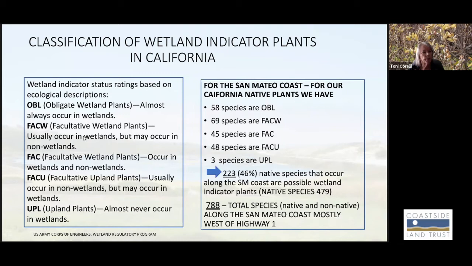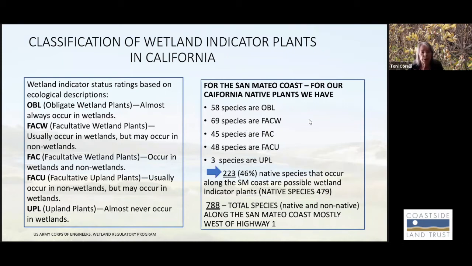Facultative wetland plants usually occur in wetlands, but may occur in non-wetlands. Facultative plants occur in wetlands and non-wetlands. And facultative upland plants usually occur in non-wetlands, but may occur in wetlands. Upland plants almost never occur in wetlands. A bit ambiguous, but facultative means capable, but not restricted to a particular function.